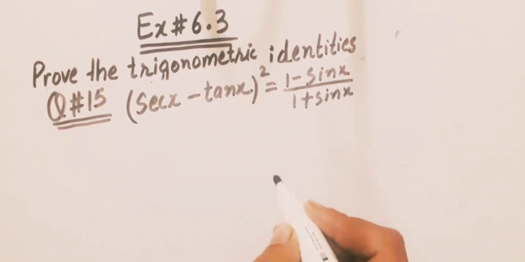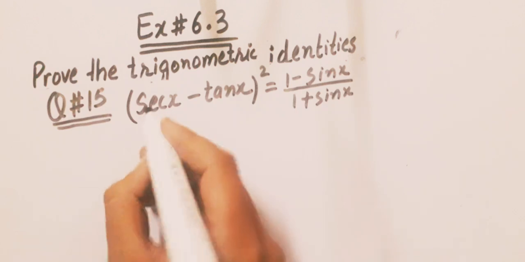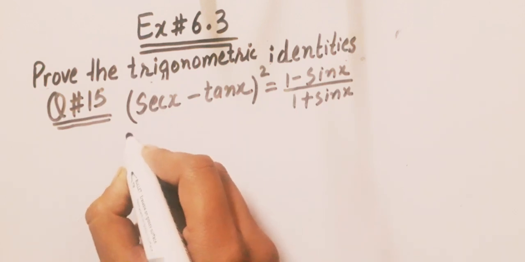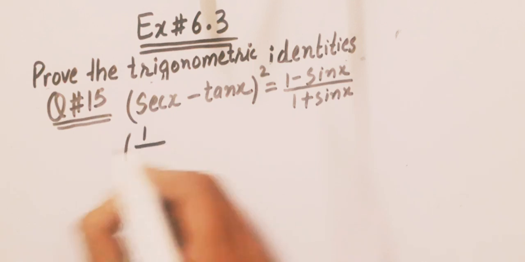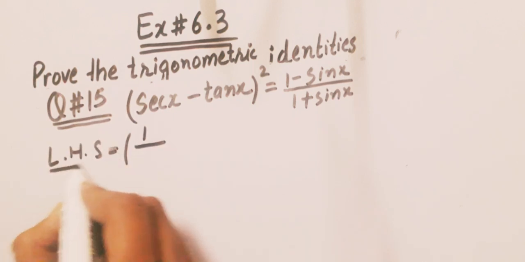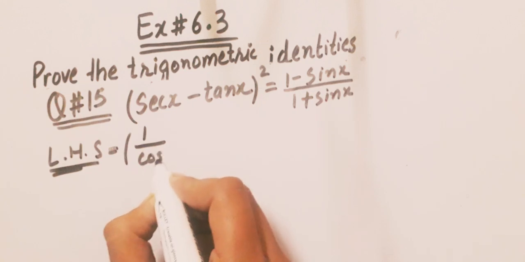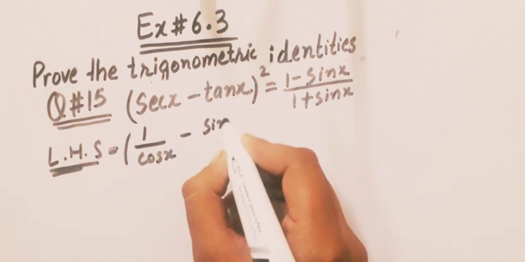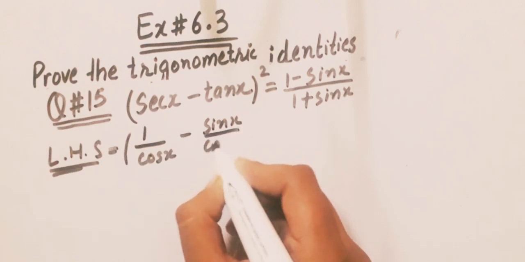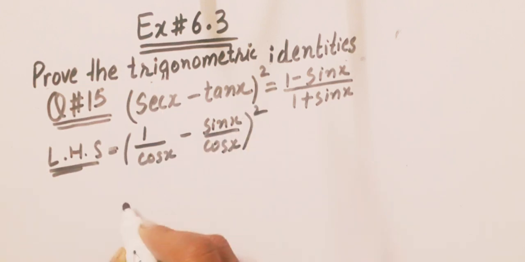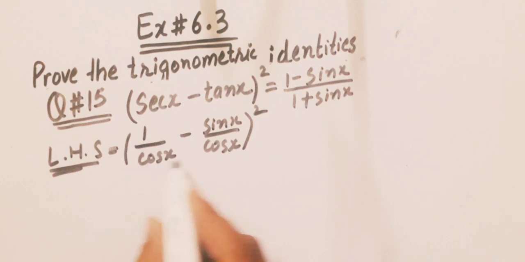Now we will solve this. We know that secant x is equal to 1 over cos x and tan x is equal to sin x by cos x. So we will take the LCM of this.